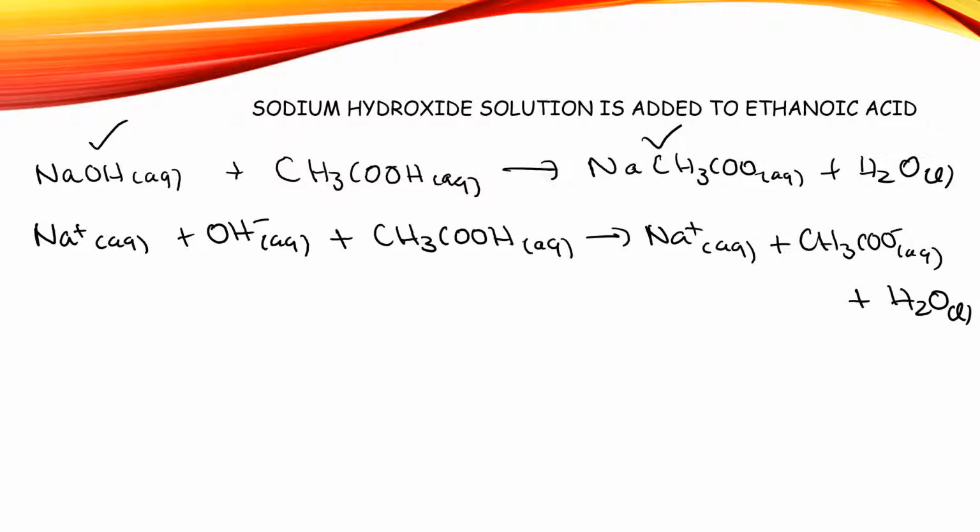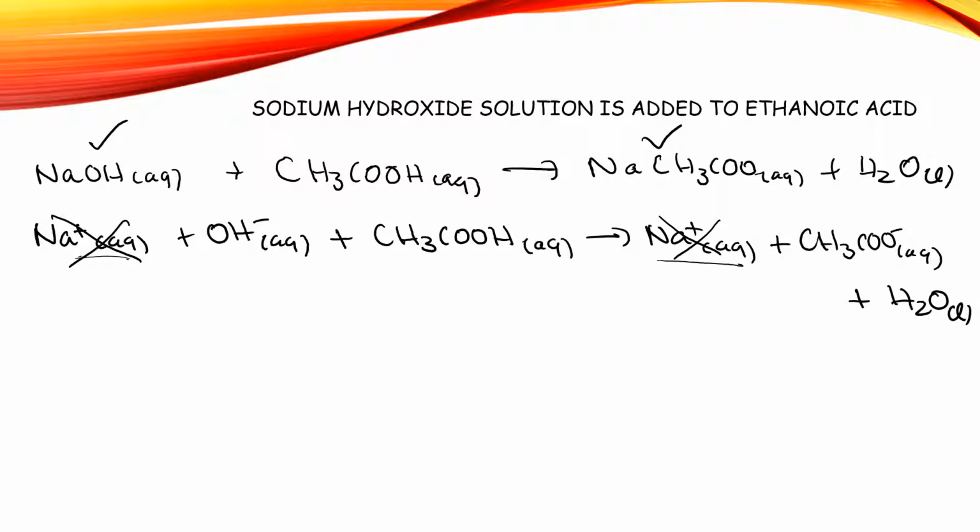Okay, so now we need to find our spectators. So if you look at the sodium ion here, it's in solution, and here it's in solution. It's actually done nothing. Cross it off because it's a spectator. The hydroxide ions, there's no hydroxide ions on the other side. It's ended up in water, so that's done something. Then ethanoic acid has ended up in ethanoate ion and hydrogen in the water, so it's done something.